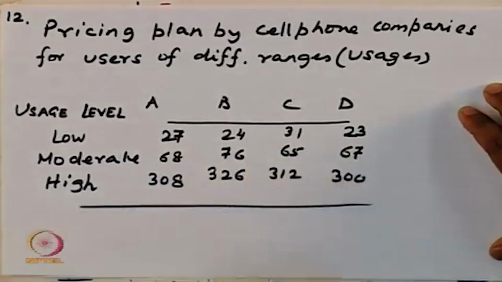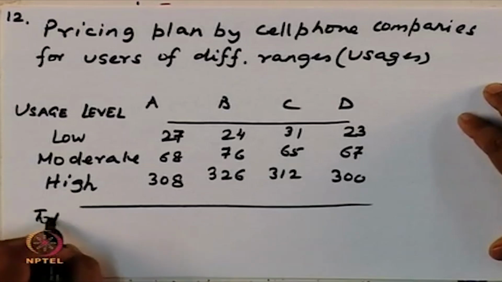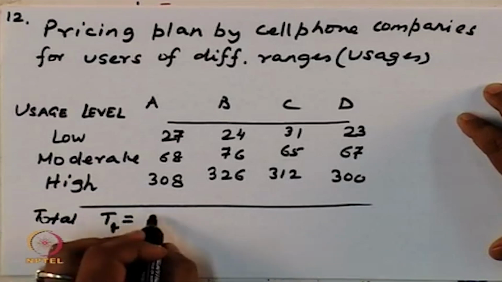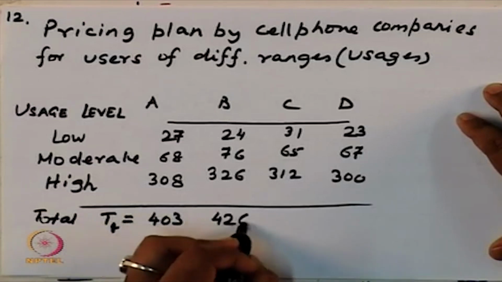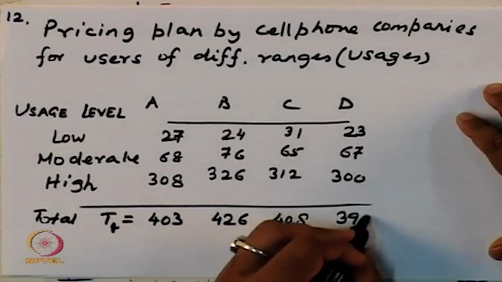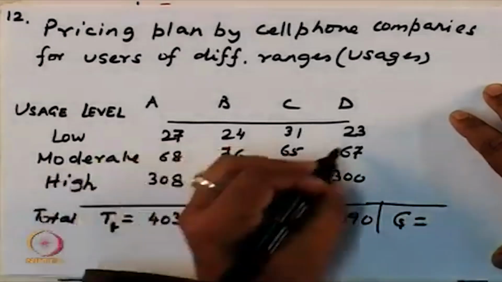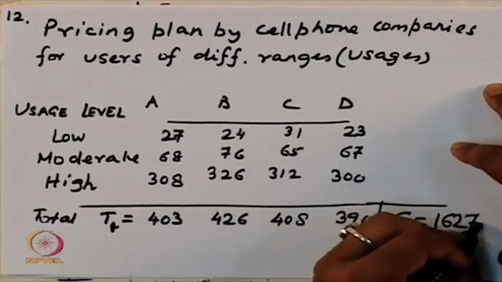As before, you can calculate the totals. You can calculate T1 as 403, T2 as 426, T3 as 408, T4 as 390. And your G is the sum total of all these values, which comes out to be 1627.